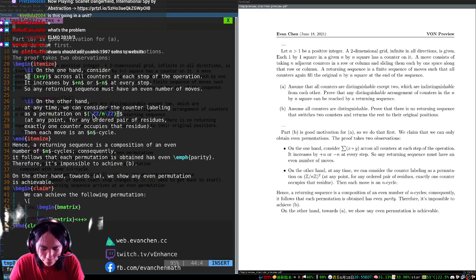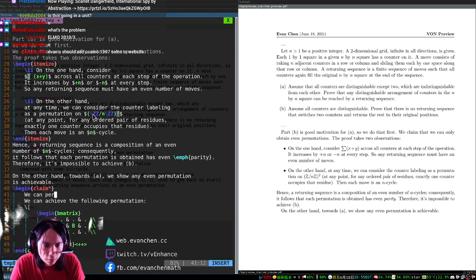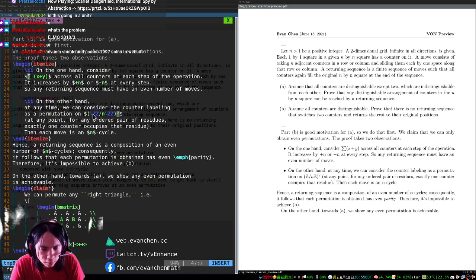I think the easiest way to do it is if I do dot A B dot, I think this is clearest. C, triangle. This really should be D dots.